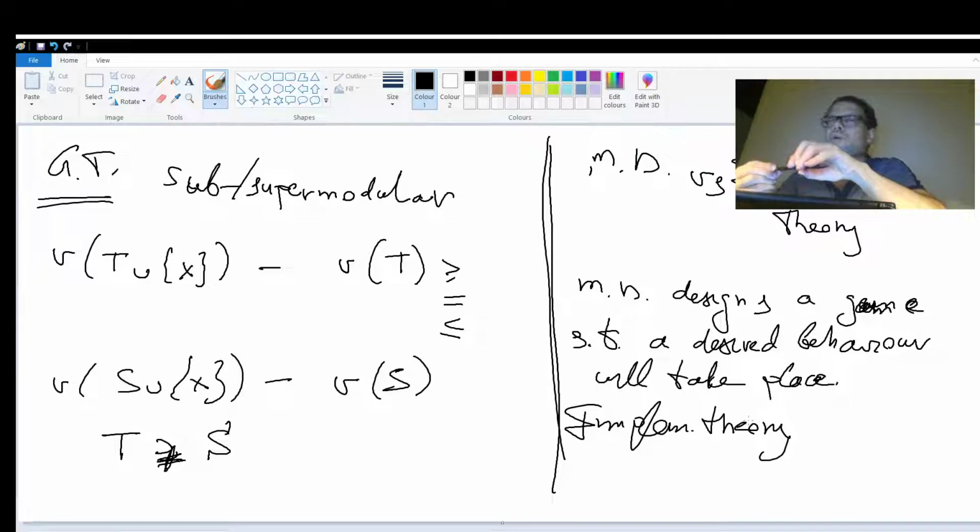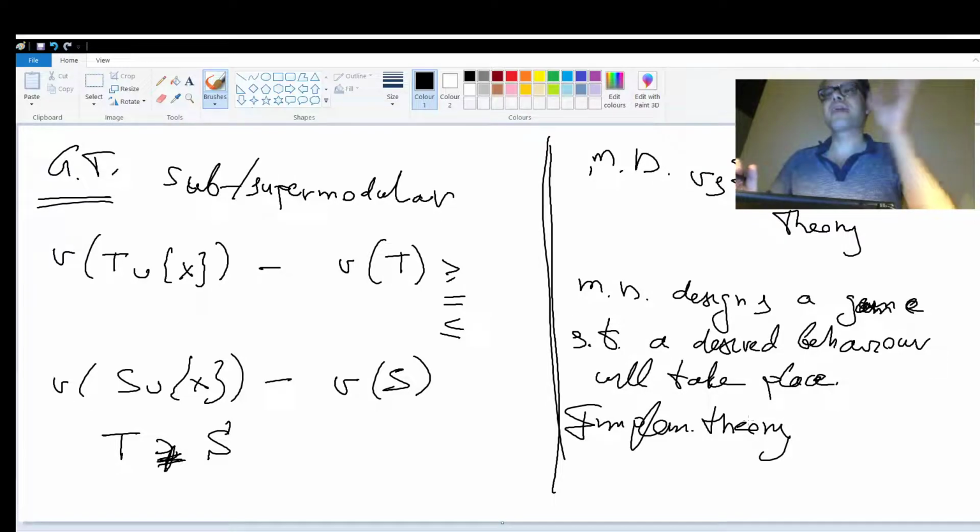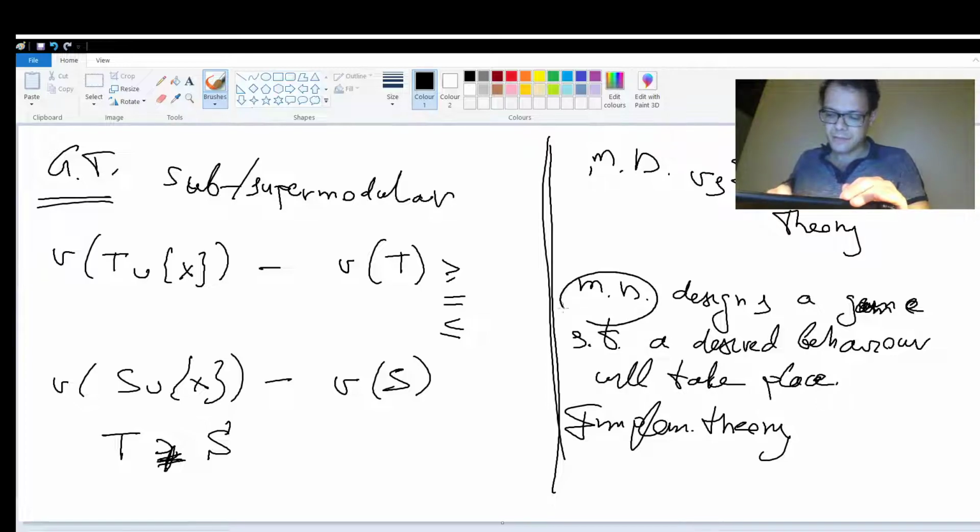So, which functions can we have well motivated by some kind of game? It's a very mathematical question. It's less practical if we just want to optimally allocate an item and we want people to be honest. That's the more practical question that we have in mechanism design. And that's why I think mechanism design is more often studied than implementation theory, though of course they are very, very much related.